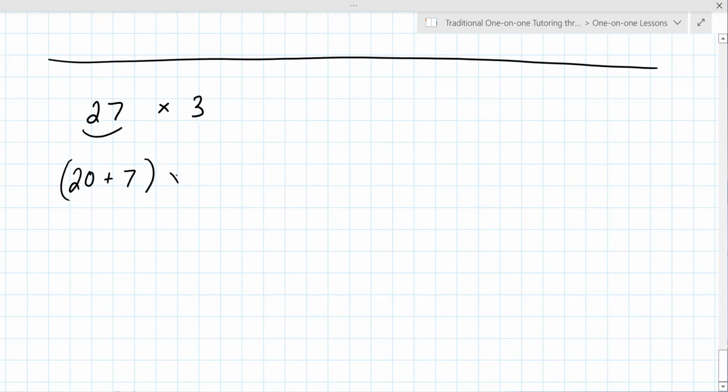Does that work for you? Yes. Okay. Now you're going to multiply each of these by 3. What is 20 times 3 or 3 times 20?